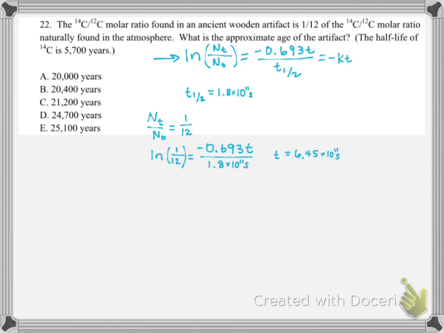And hopefully you are all familiar with the conversions to take this from seconds to years. But we would have 6.45 times 10 to the 11th seconds. And we know that in 1 minute, there's 60 seconds.